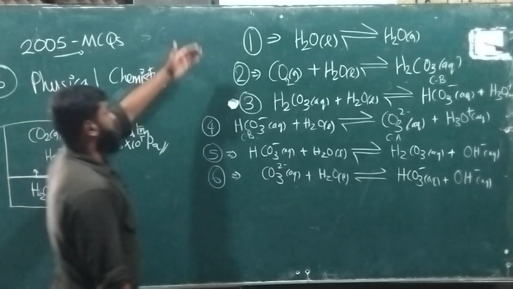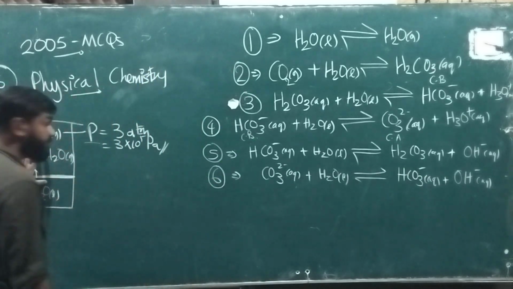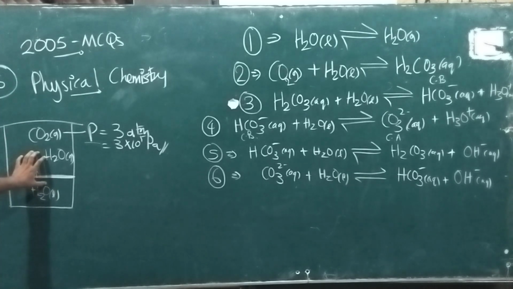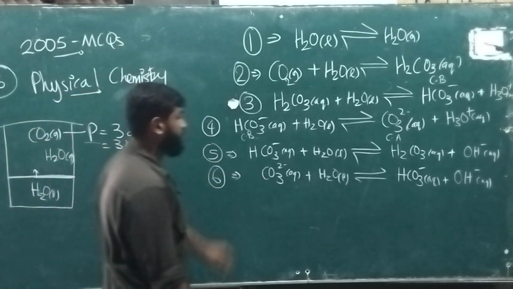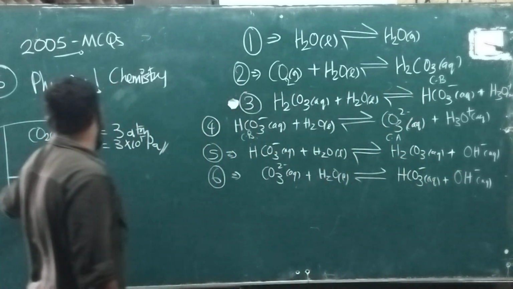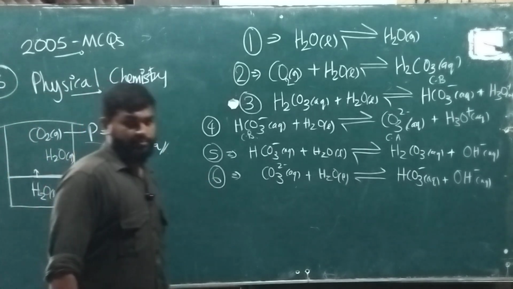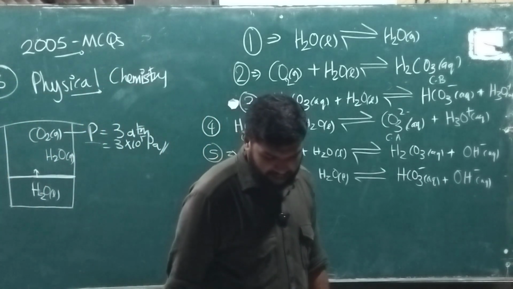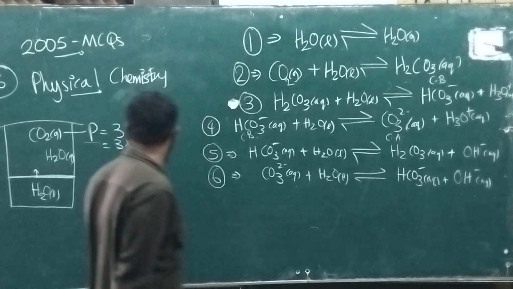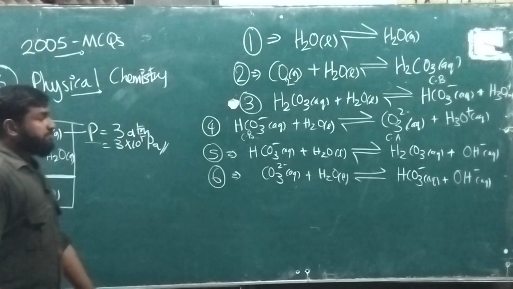So see here, we have all these kinds of equilibria within this closed system. Within one closed system, we have around 6 reactions, right? Which means you can say this particular system has around 6 equilibria. So the question that they have asked is the number of equilibria in the system. So how many equilibria do we have? We have around 6 equilibria.